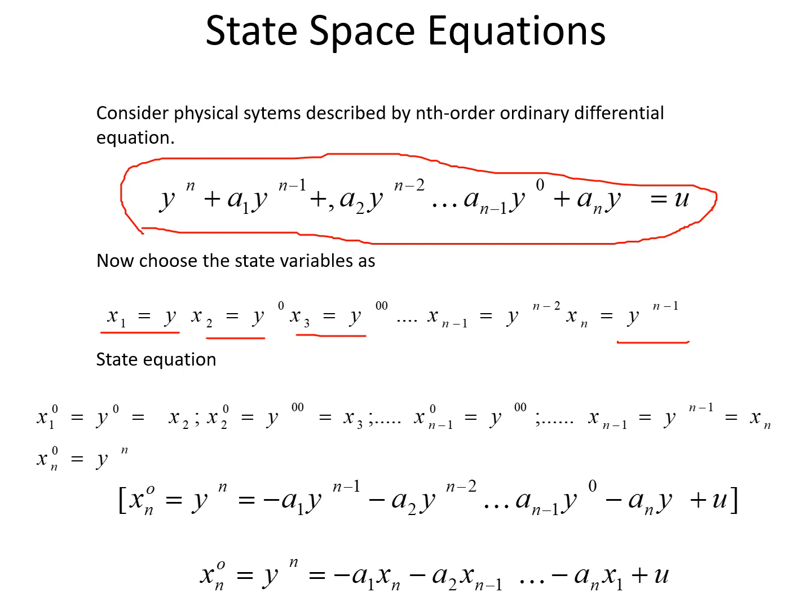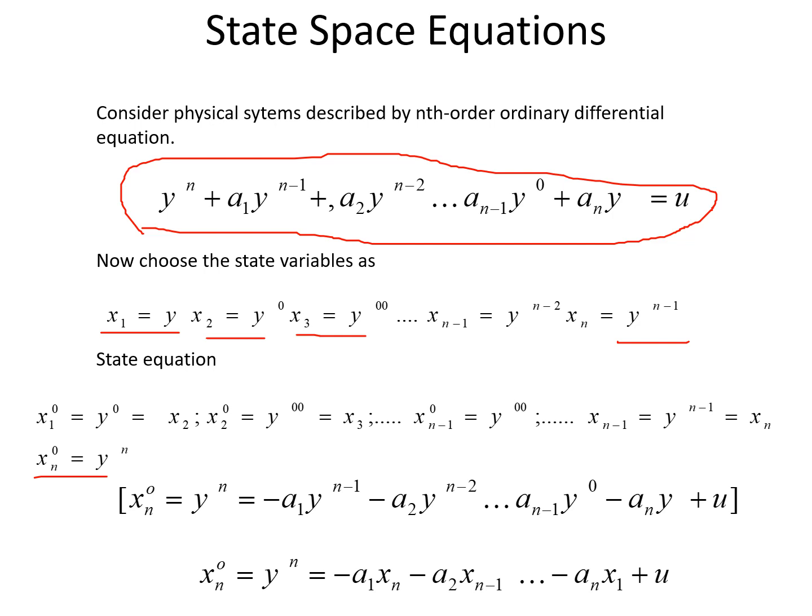So in turn, since x2 is a derivative of x1, in the state space equation I can just represent them as x1 is equal to y, x1 dash is equal to y dash, which is equal to x2, and x2 dash is nothing but y double dash, which is equal to x3, and so on like this. So you can correlate that xn dash is nothing but equal to y^n.